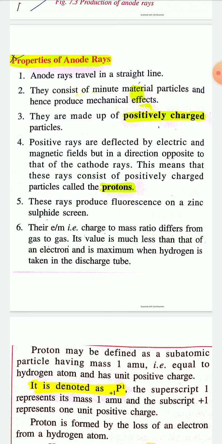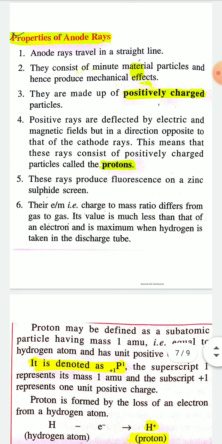That is, it depends on the nature of the gas used in the discharge tube, and its value is much less than that of an electron, and maximum when hydrogen gas is taken in the discharge tube. So the charge to mass ratio is maximum for hydrogen gas in case of anode rays.